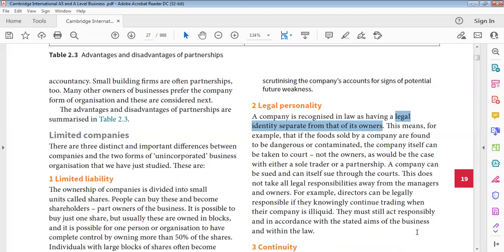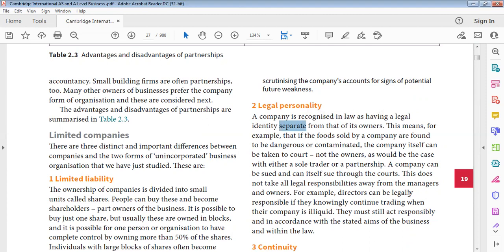So his parents can sue Facebook, but they cannot sue you or me or Arif or Mark Zuckerberg. Why? Because we have separate legal identity. Is it clear? Our identity is separate from the business identity.